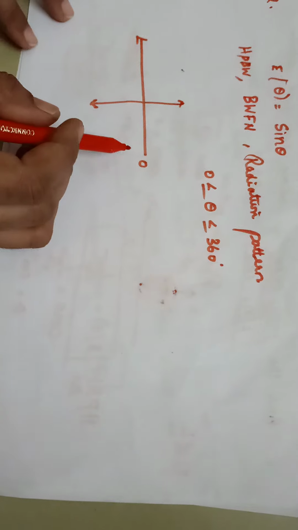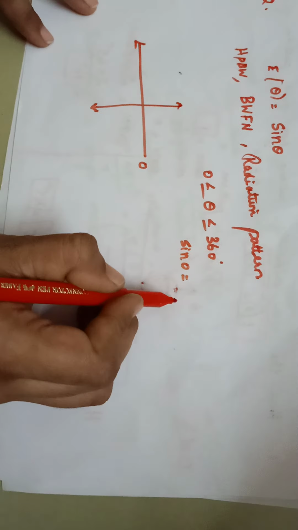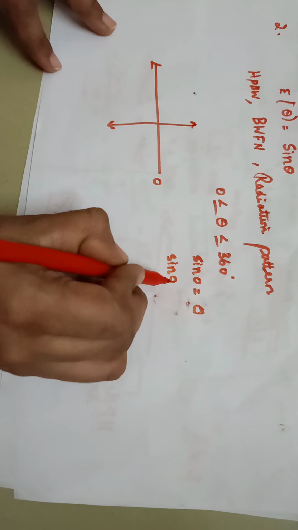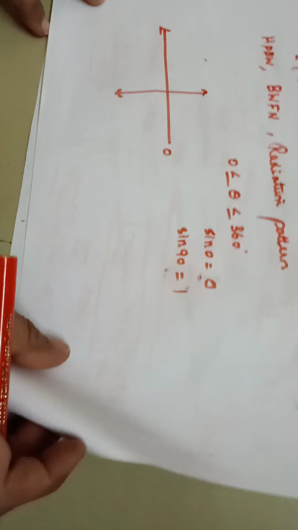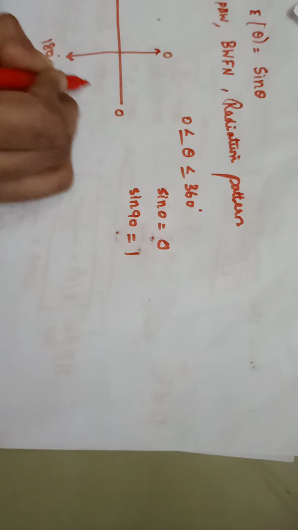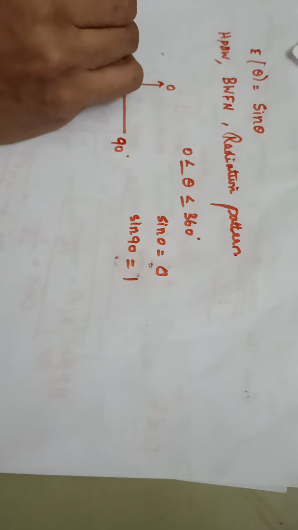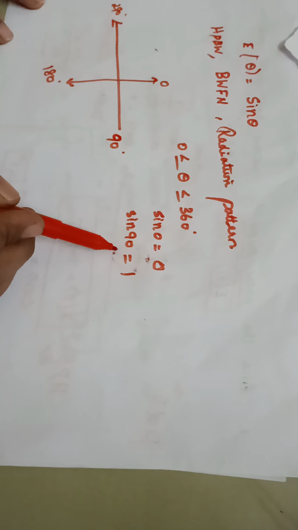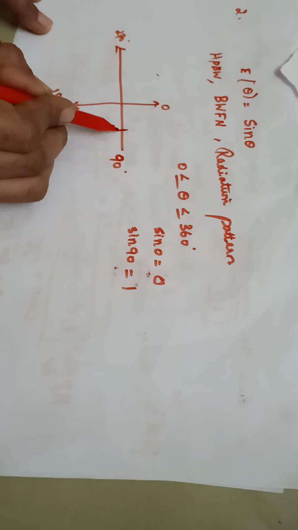Now, what is sin 0 value? 0. Sin 90 is 1. So where will it be maximum? Definitely at 90 it will be maximum. So I am keeping 0, 180, 90, 270 like this. Here sin 90 will be maximum.